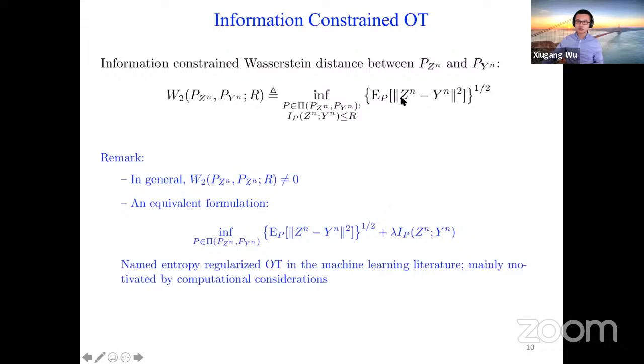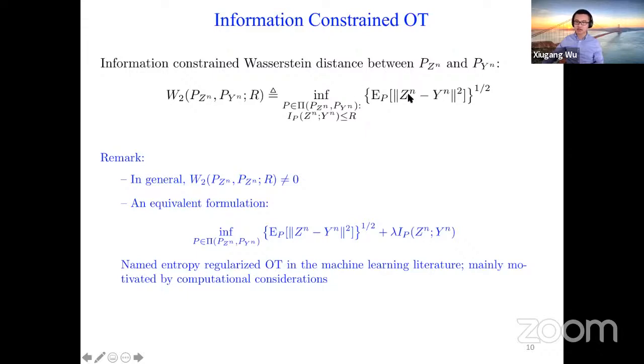In other words, it turns out that in a lot of cases, if you want to calculate the Wasserstein distance from the data, imagine Pn is the empirical distribution from your data, right? If you want to calculate, let's say, fitting a generative model, you want to check what is the distance of the generated distribution with respect to the empirical distribution.